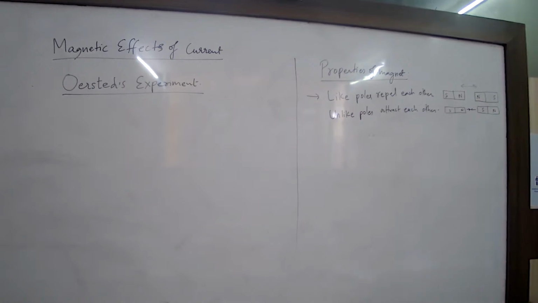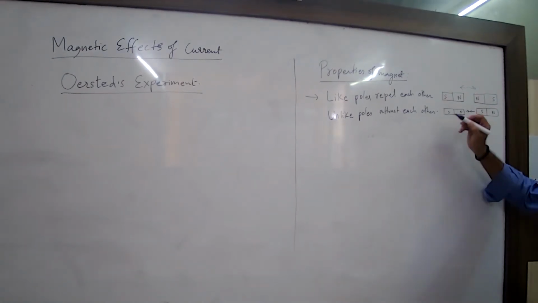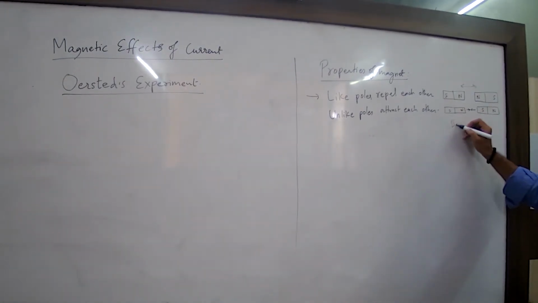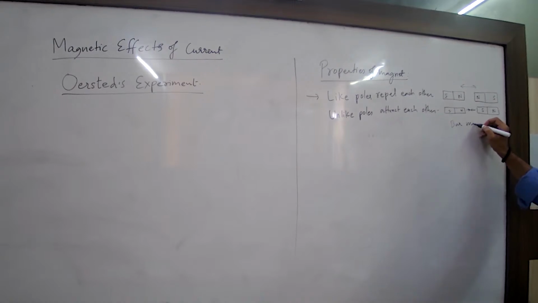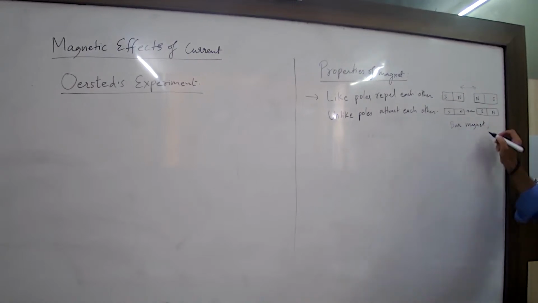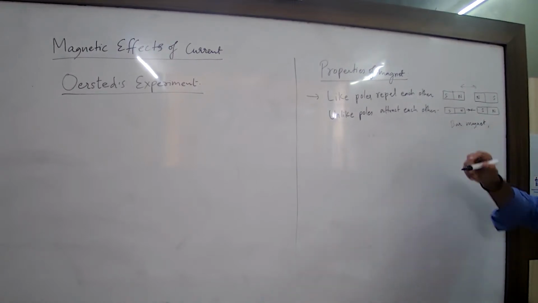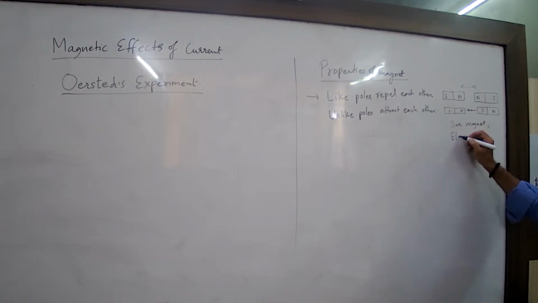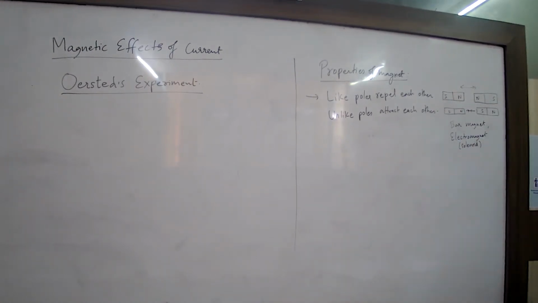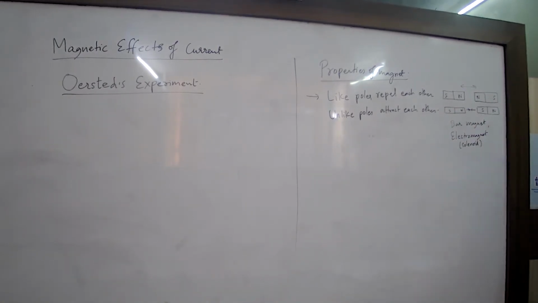Examples of magnets. One is the bar magnet. Then the electromagnet, which we will discover later. What is an example of an electromagnet? Solenoid. Yes. Leave electromagnets, just tell me natural magnets. One is the bar magnet.